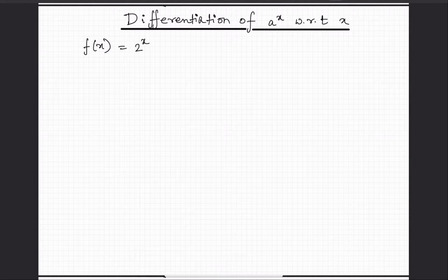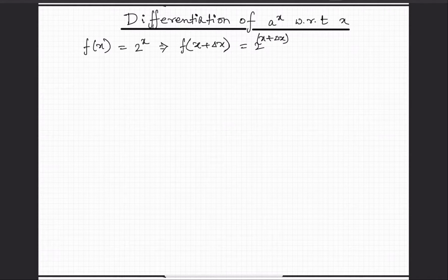So we can write, if we increase x by del x, then f(x plus del x) would be 2 to the power x plus del x.